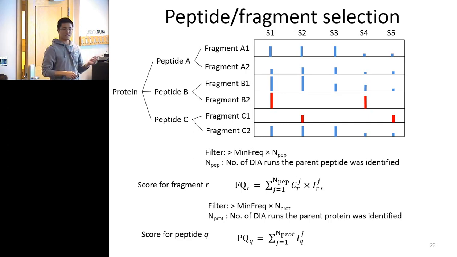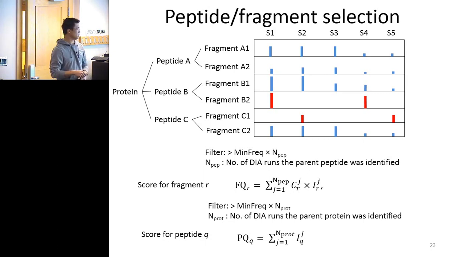So they are the best fragments to select for quantification. And fragments B2 and C1 might just be noise signal in your data. So when we do the protein quantification, we want to filter them out to get a better quantification.